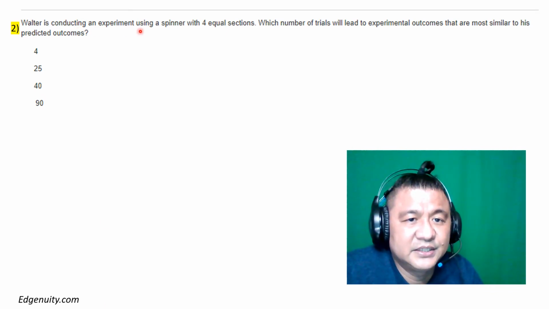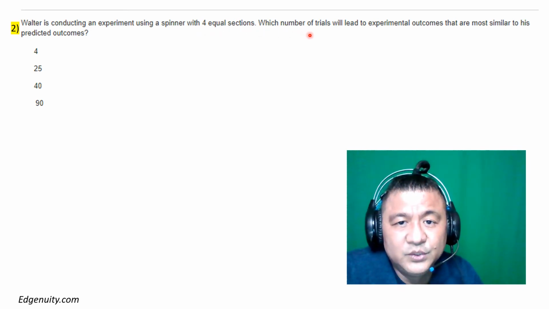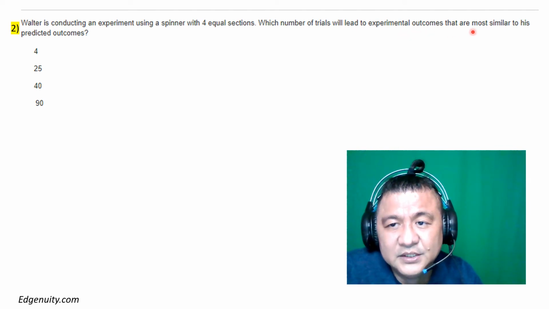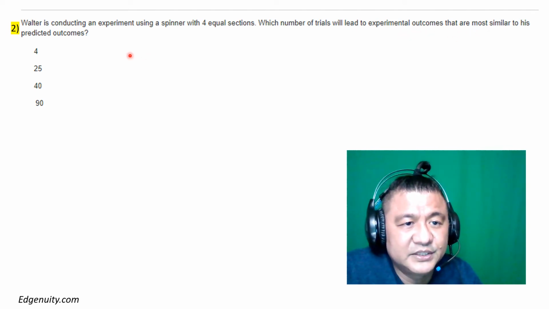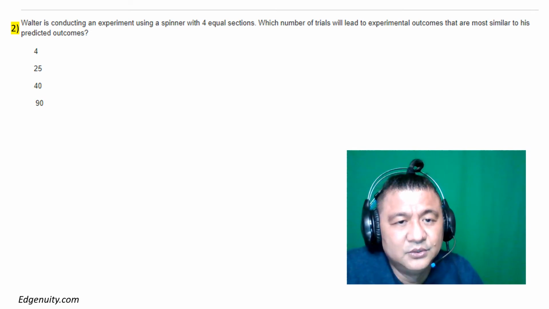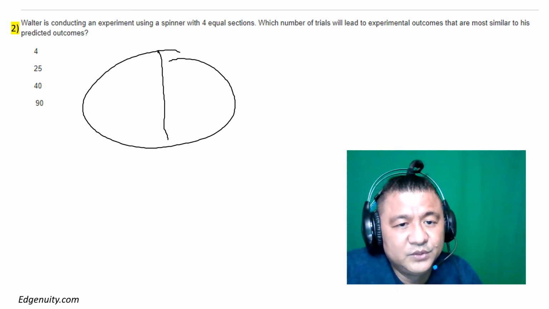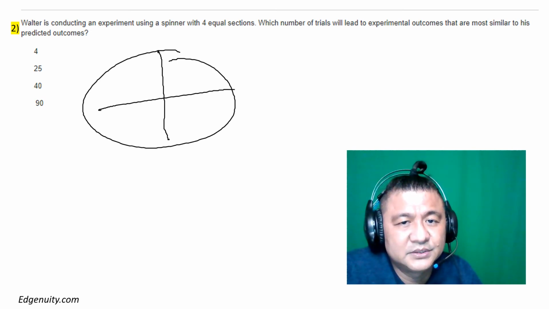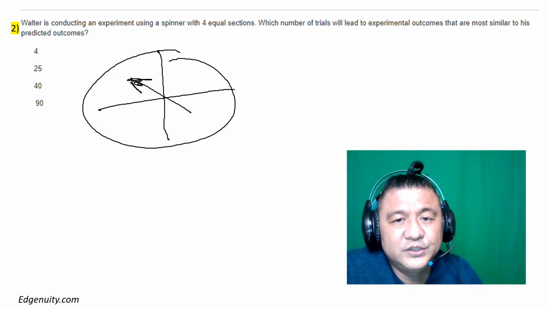Next, Walter. Walter is conducting an experiment using a spinner with 4 equal sections. Which number of trials will lead to experimental outcomes that are most similar to his predicted outcomes? So there is a spinner with 4 equal parts, and he spun that spinner. Which number of trials?